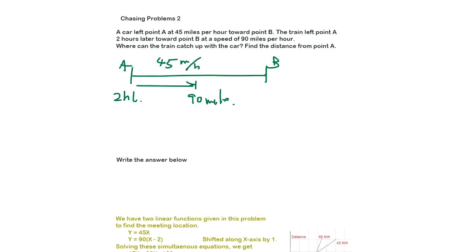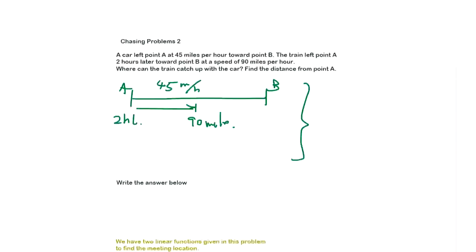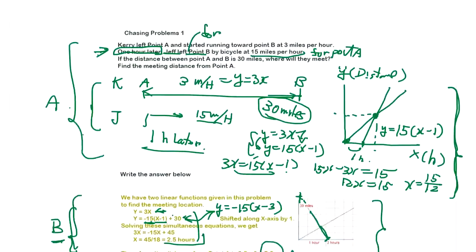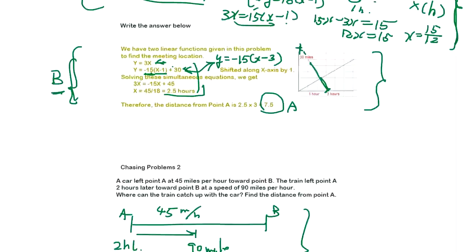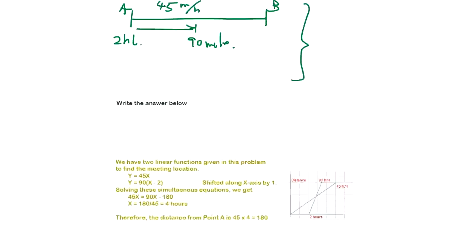Where can the train catch up with the car? Okay, so this problem happens to be the same as the previous question. We assumed Jeff left A toward B at 50 miles per hour 1 hour later. Exactly the same question, it just became car and train.